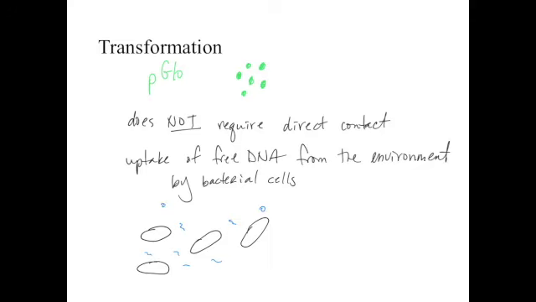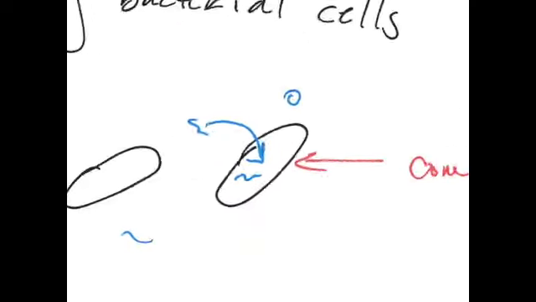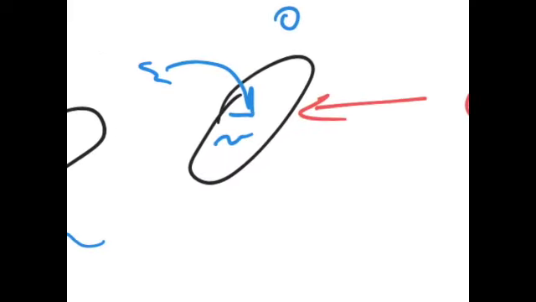Now, if our bacterial cells are what we call competent cells, that is, if they're able to take up free DNA, then these competent cells will do so, and now we'll have an extra piece of DNA in our bacterial cell. Often this DNA will just get kicked out because it doesn't have anything useful, but sometimes that DNA can get integrated into the bacterial chromosome.